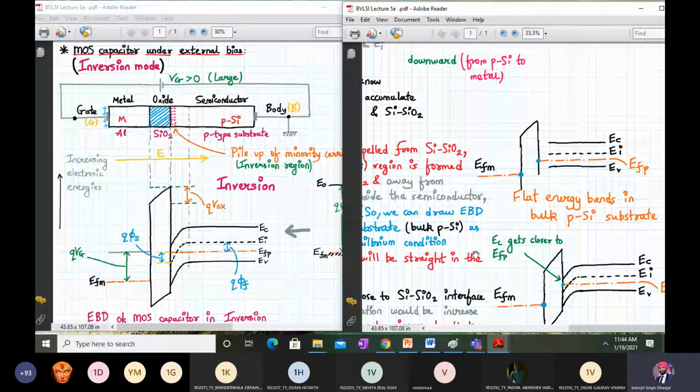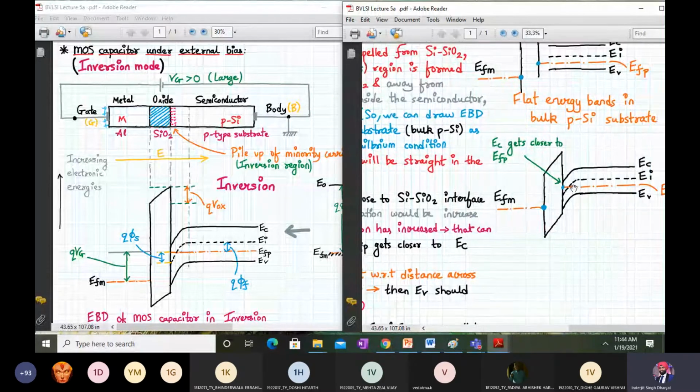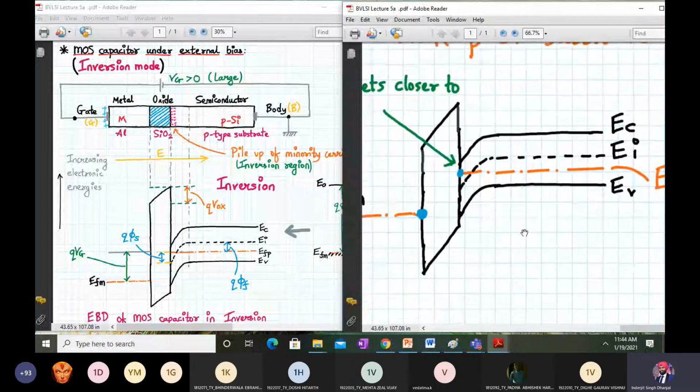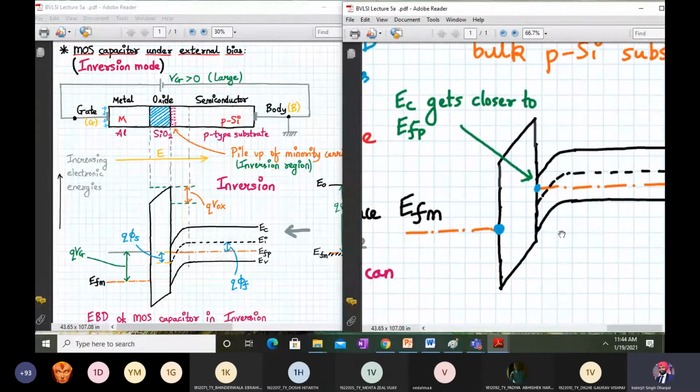Now, what will happen if we move closer to the SiSiO2 interface? We have already seen that as we approach the silicon dioxide interface, the electron concentration will increase, because the minority carriers are getting attracted towards the SiSiO2 interface.